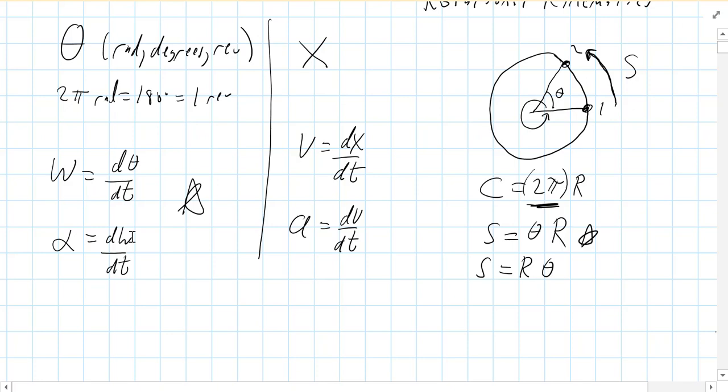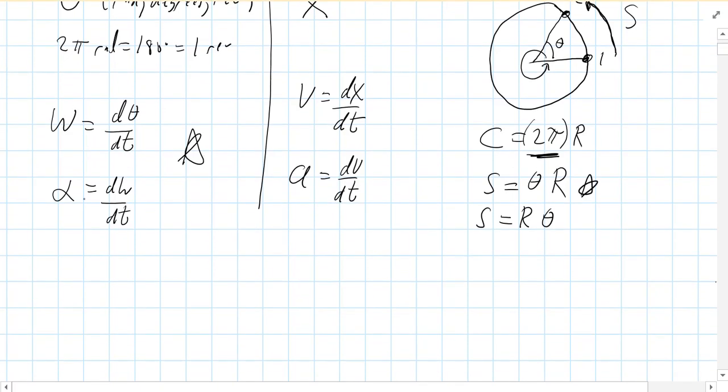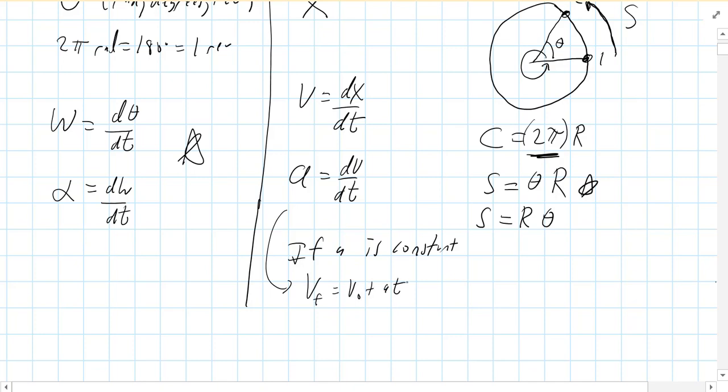That's your alpha. Now, if a is constant, then for instance this equation here we can write as v final equals v naught plus at. Well, over here, if alpha is constant, we can write omega final equals omega naught plus alpha t.